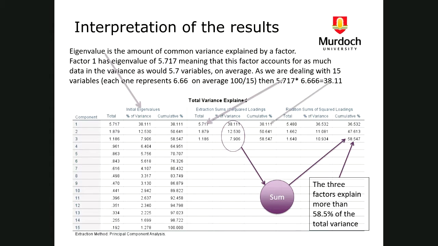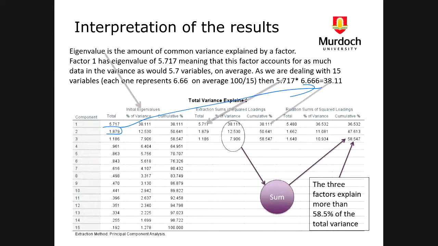And 100% divided by the number of variables gives the percentage for each variable, which multiplied by the eigenvalue is going to give us this 38.1. So for this one, 1.879, if we multiply it by 6.66 it is going to be 12.53.